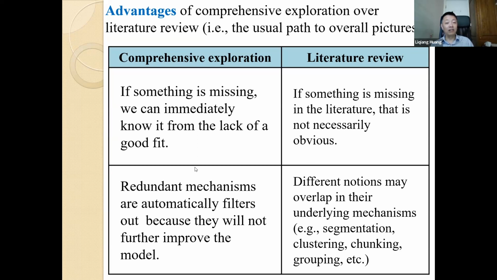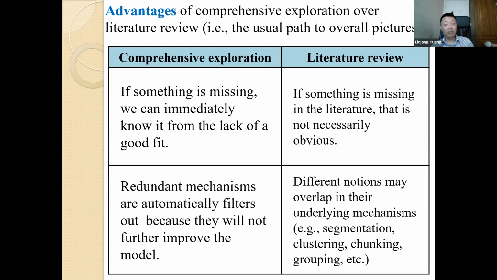It's always obvious to the reader if something is missing. And on the other hand, when two or multiple mechanisms overlap with each other, it's also obvious in the comprehensive exploration, because that filters out redundant mechanisms automatically. It's not always true in a literature review. And I'm sure it's the case in many areas, if not all areas.